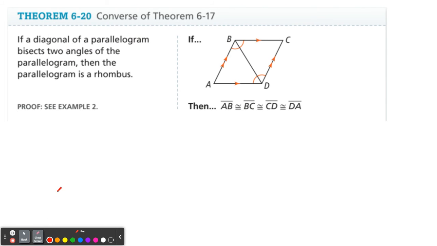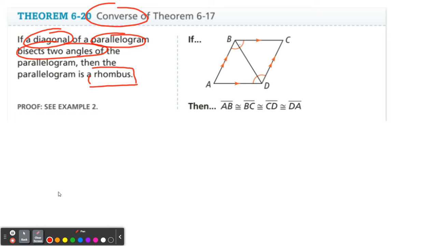Another similar idea from last lesson, again, it's a converse. If a diagonal of a parallelogram bisects two angles of the parallelogram, then the parallelogram is a rhombus. So here you have diagonal BD that is bisecting these corner angles.